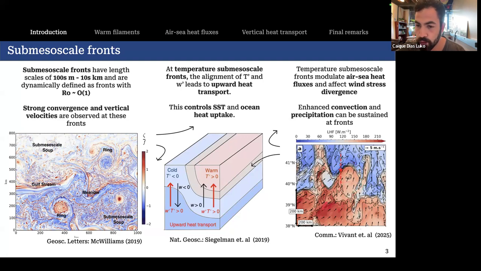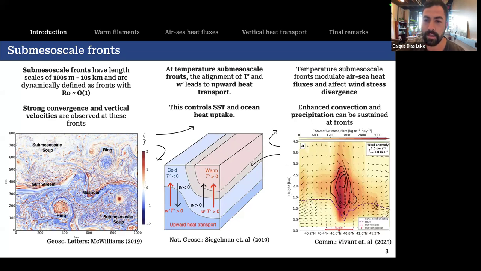We can see that in warm waters, there's enhanced latent heat flux, and in cold waters, we have weaker latent heat fluxes. Some of this variability is modulated by the temperature front. The very sharp mesoscale fronts here can generate strong variability in the latent heat fluxes. Besides affecting air-sea heat fluxes, temperature fronts can also affect wind stress divergence, and it has been shown recently that this can support enhanced convection and precipitation located at the front.